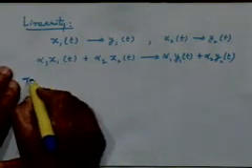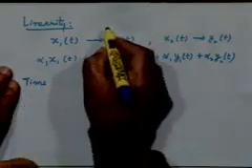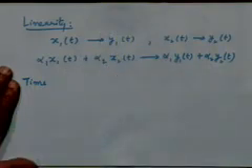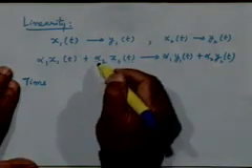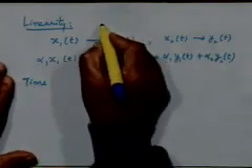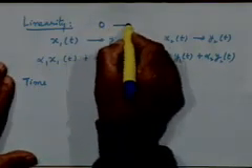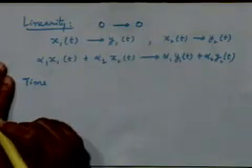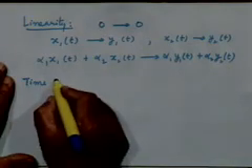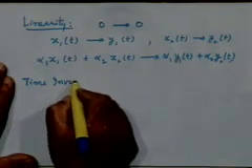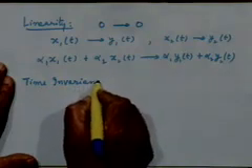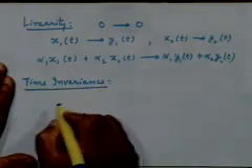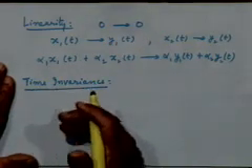And in addition, the system should satisfy the homogeneity property. That means if I give a 0 input to the system, the output is 0. And by time invariance, we mean that the system response is independent of the time of excitation of the input signal.